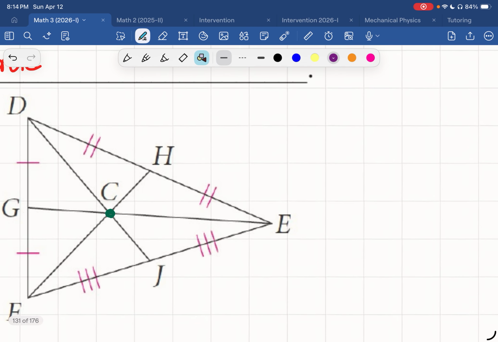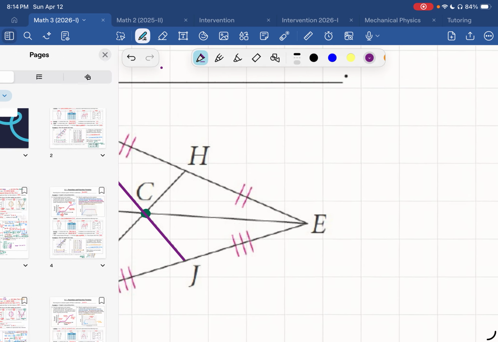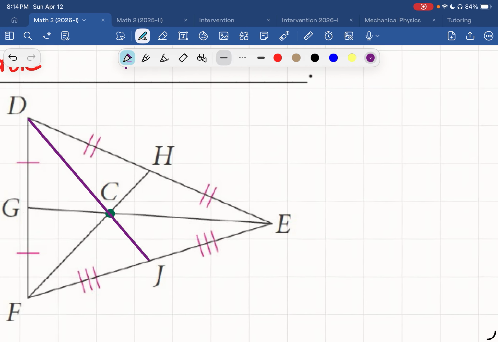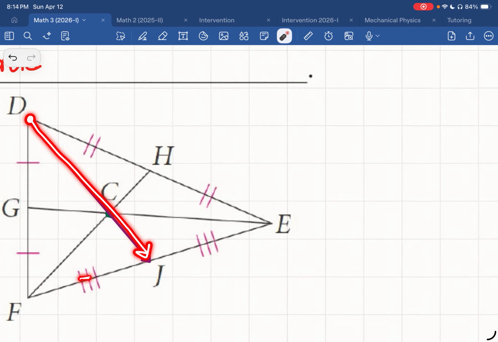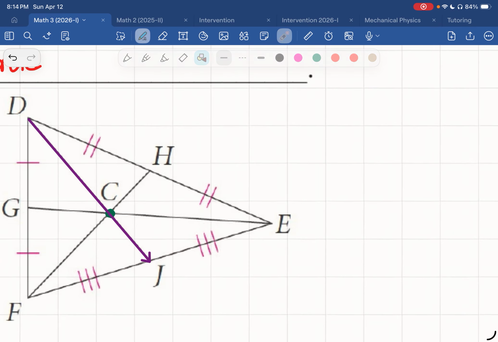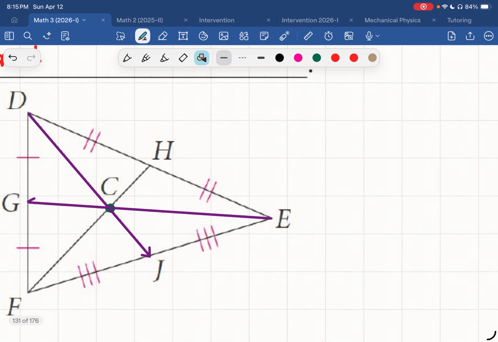Okay, so we have this line over here, this one. Remember, this line goes from the vertex to the middle point of the opposite side, right? Same as here. We have this over here.